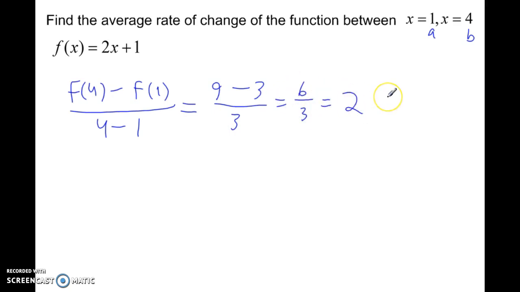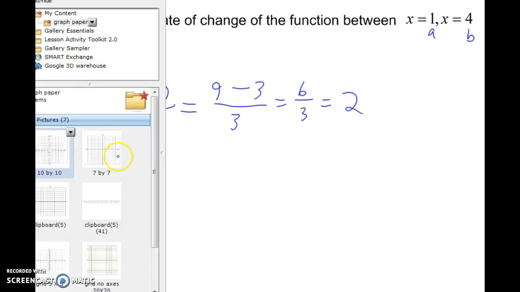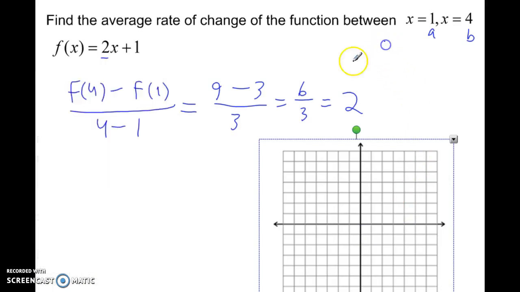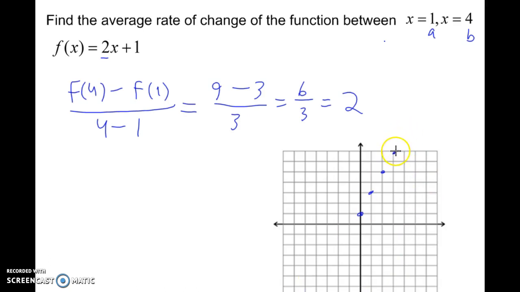So the average rate of change of the function is 2, which actually shouldn't surprise you. What's the slope of this function? It's 2, right? If you think about what the graph of this might look like, 2x plus 1 is right here. Looks like a slope of 2. Really everywhere on this line, the slope is 2, right?